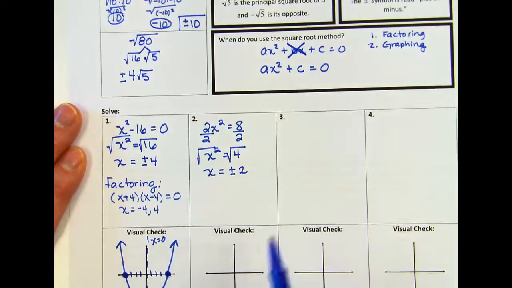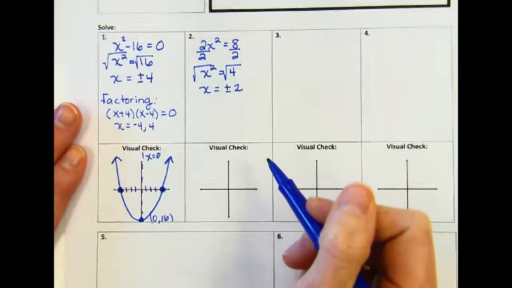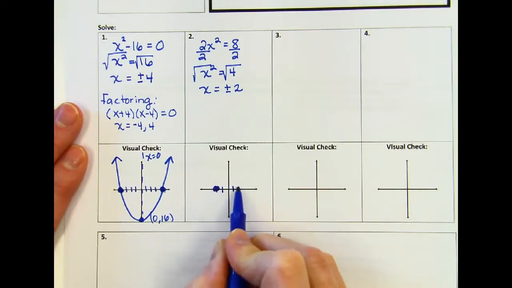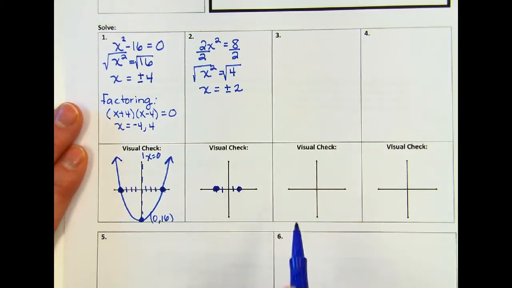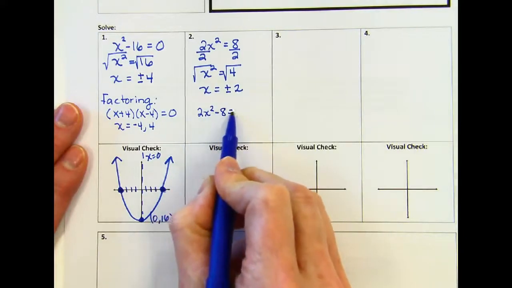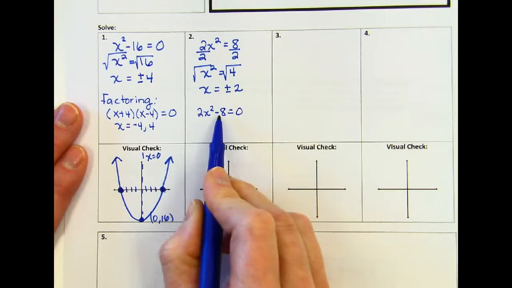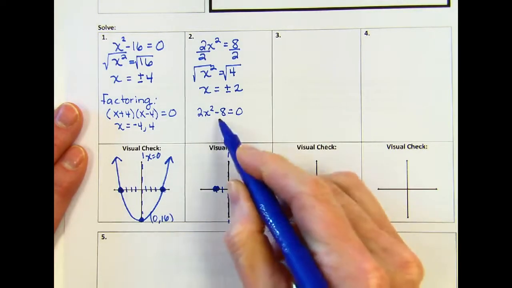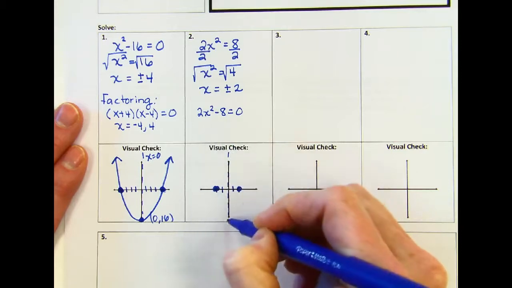So once again, what this means for a visual check is we'll have (-2, 0) and (2, 0). If we were to write this in standard form, of course the 8 would come over. Once again, the axis of symmetry, because we do not have a B, would be 0.